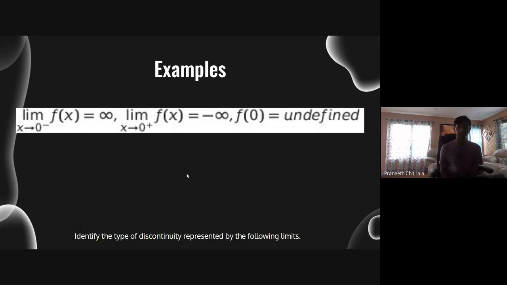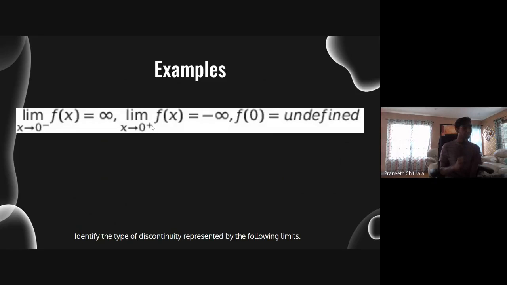And now we'll look at the algebraic side. Identify what type of discontinuity this is. So you can see that the left side and the right side approach infinity, but it doesn't matter which one.